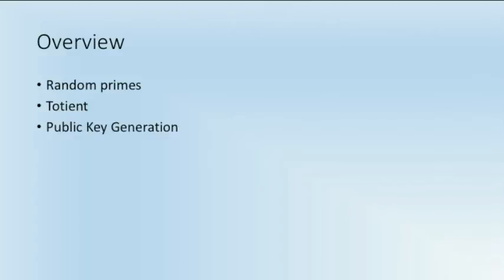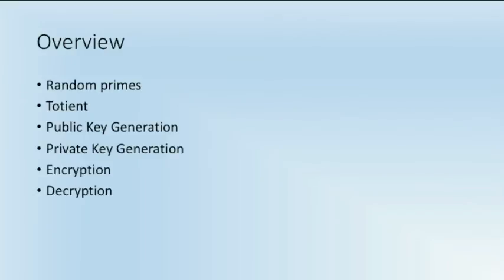Our public key is created based on our knowledge of the totient, and our private key is generated as the inverse of the public key. The encryption and decryption functions let us use the public key and private key to encrypt a message and decrypt a cipher.